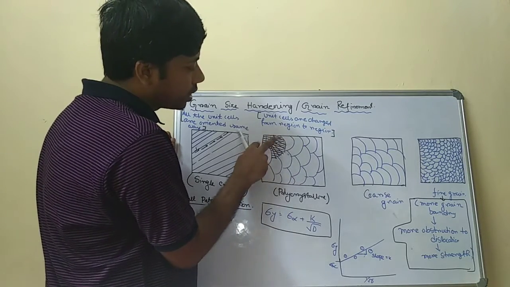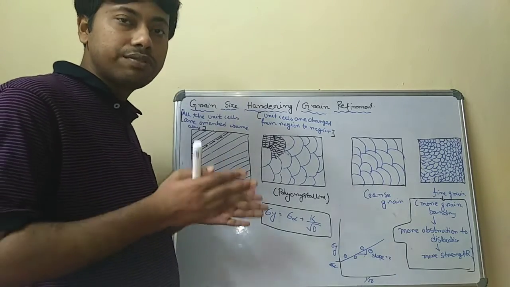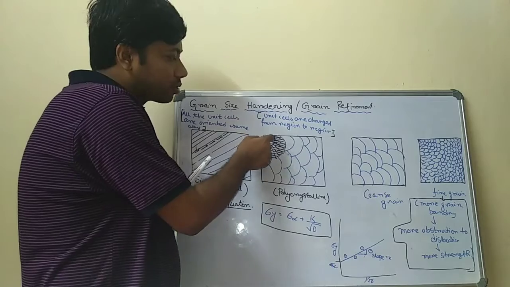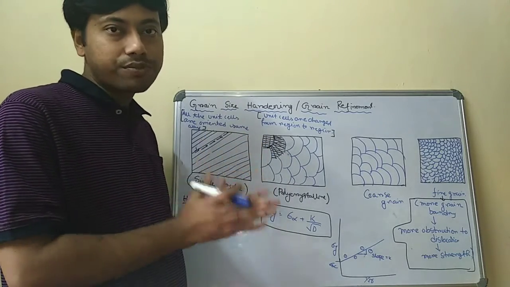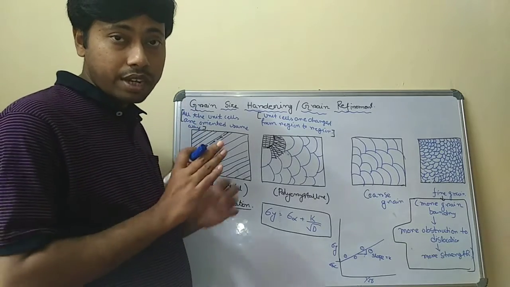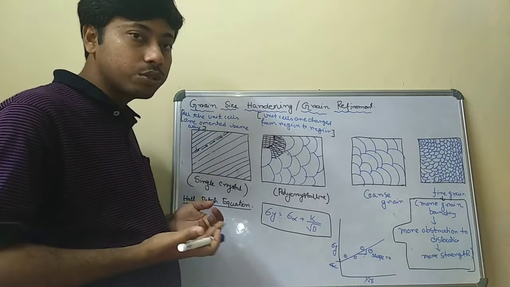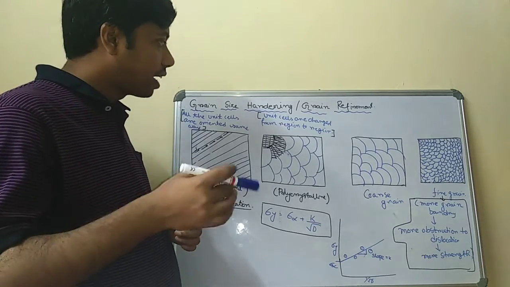Because the orientations differ, there will be a boundary between them, and that boundary is called a grain boundary. A grain boundary is also one type of surface defect. Grain boundaries are very important because they can produce material strengthening. How? The question will be coming to your mind.